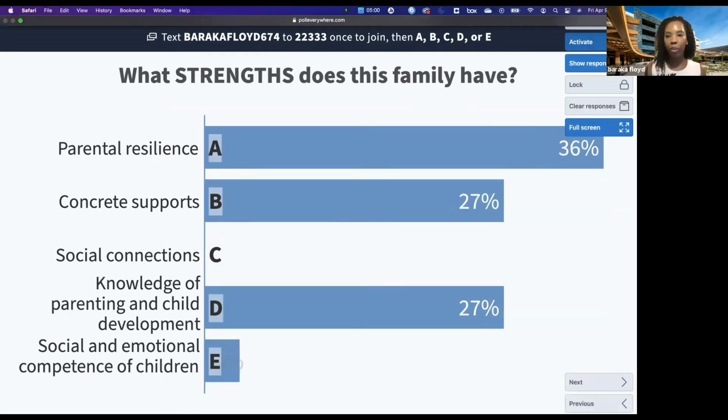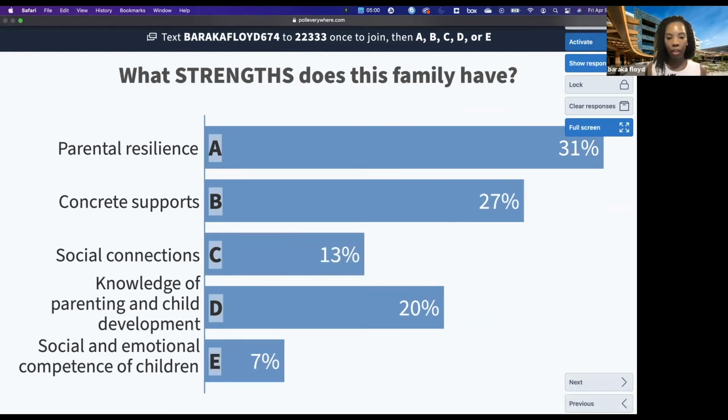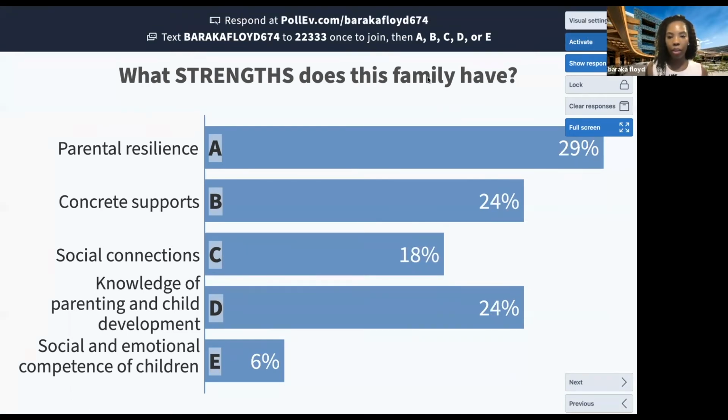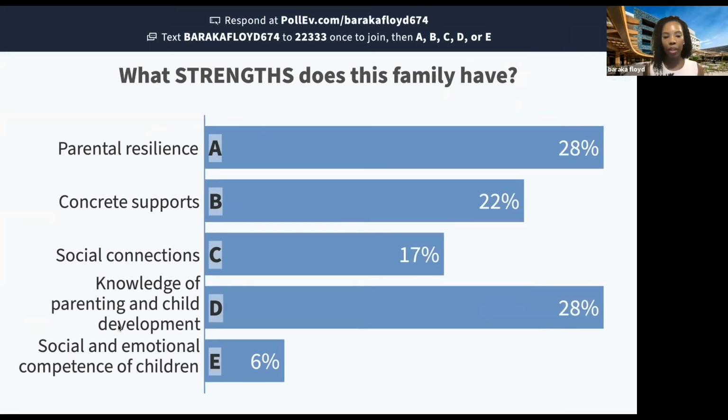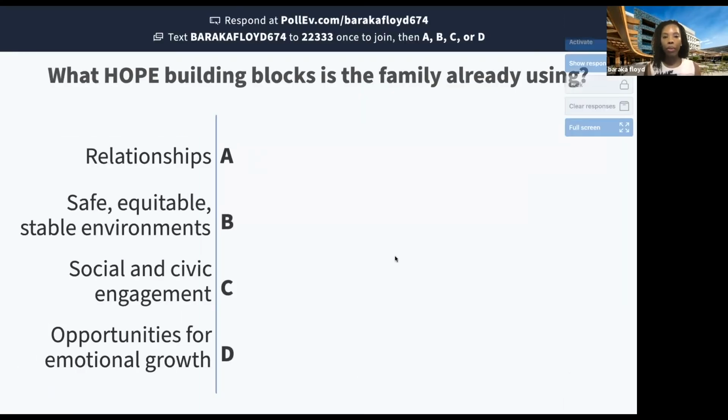I think other people agree with you, because I'm seeing concrete supports come in. Social connections, knowledge of parenting and child development. Great. So it looks like parental resilience, concrete supports, and knowledge of parenting and child development are in the lead. All right, let's go to the next question. What building blocks is the family already using?